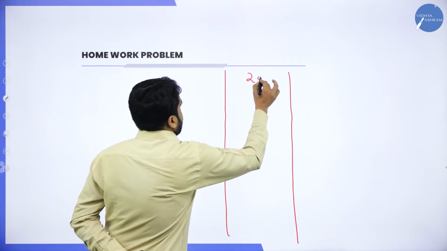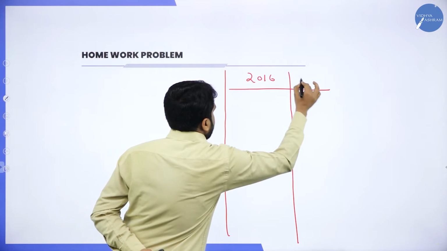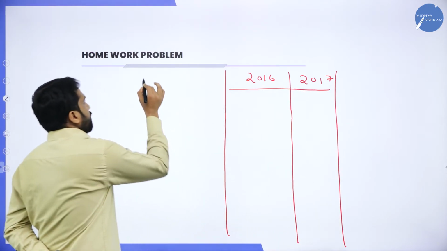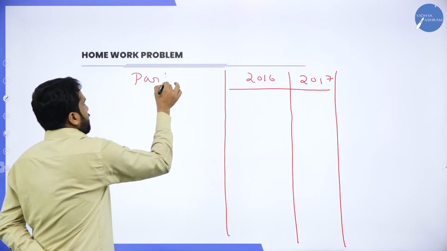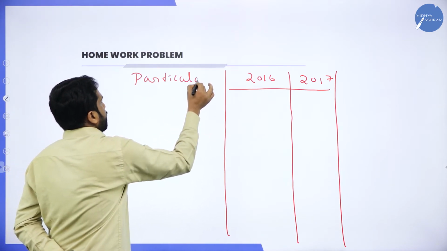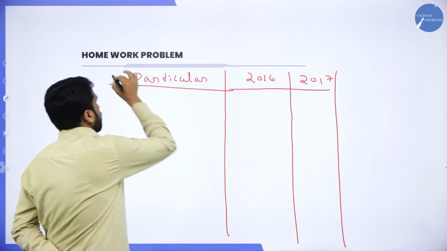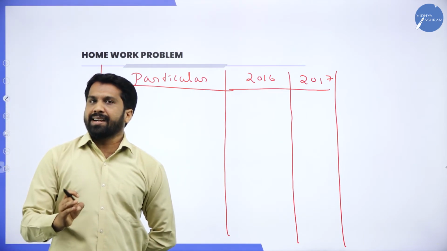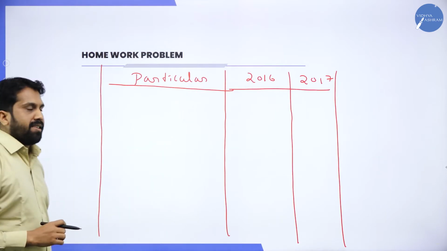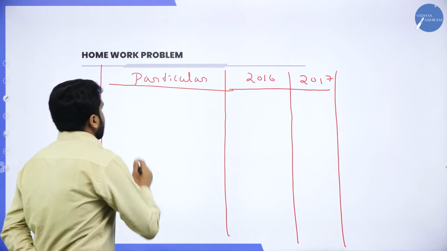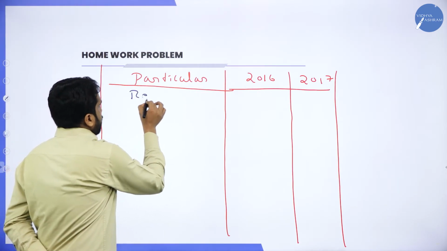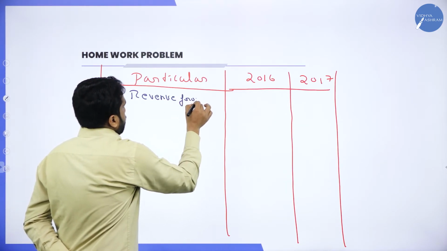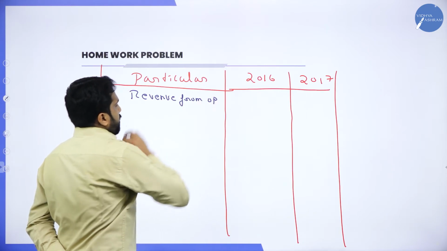This is for 2016 and this is for 2017. These are the particulars for 2016 and 2017. In this, the first thing is revenue from operation.